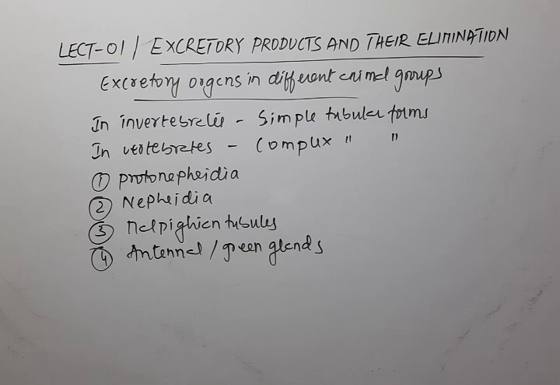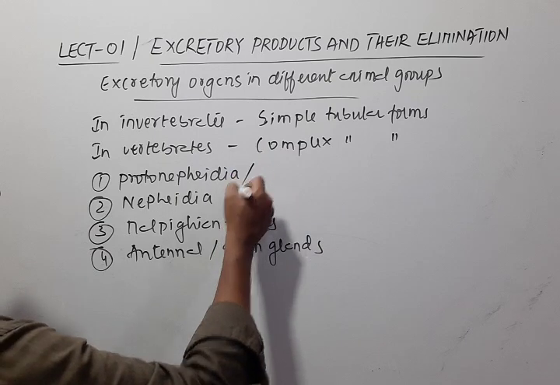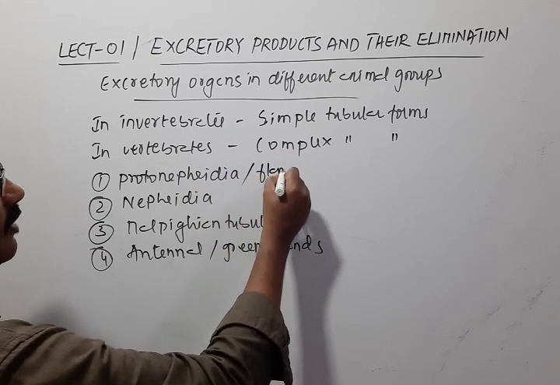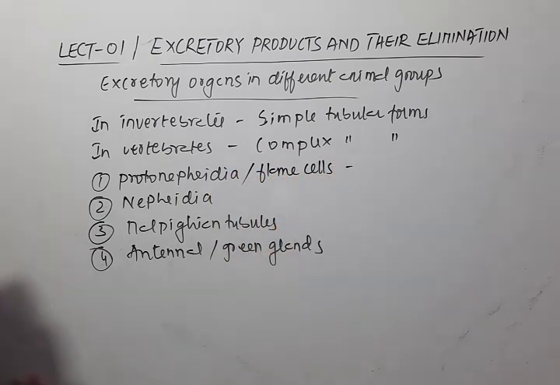Now flame cells, which are also called protonephridia, are seen in the platyhelminthes, which includes planarians, and also in rotifers.